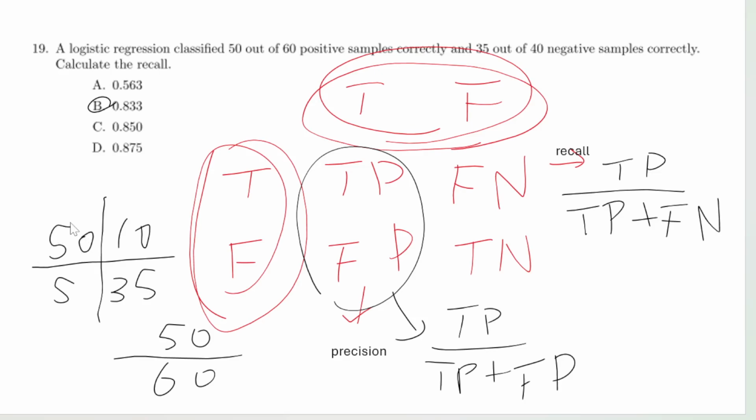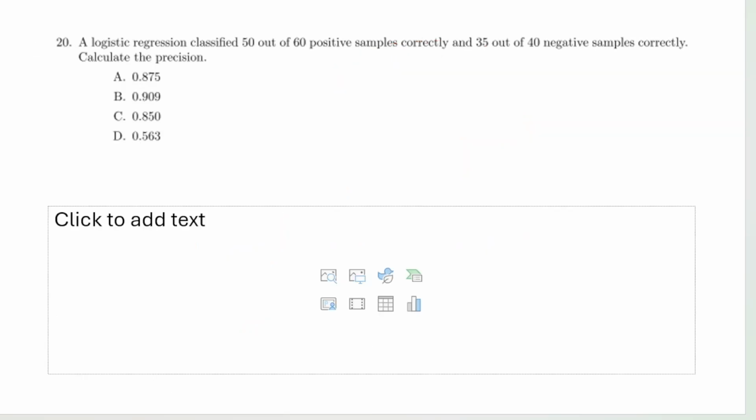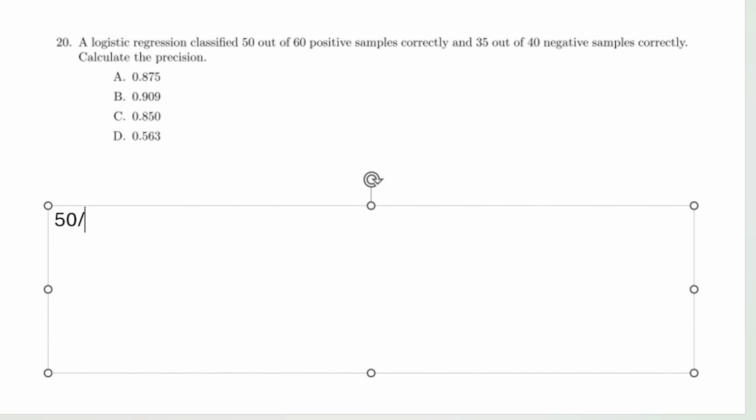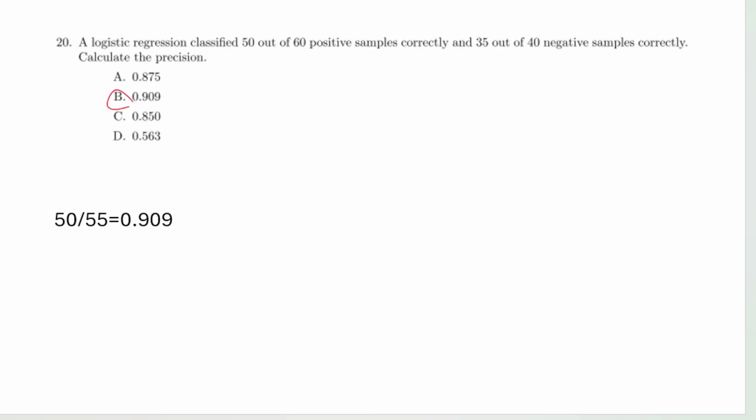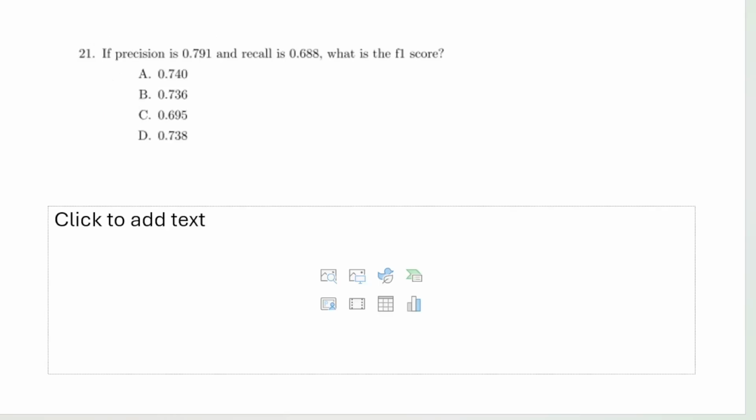I should be using this one. So what do I do? 50 over 55, which is 0.909. So it'll be this one.